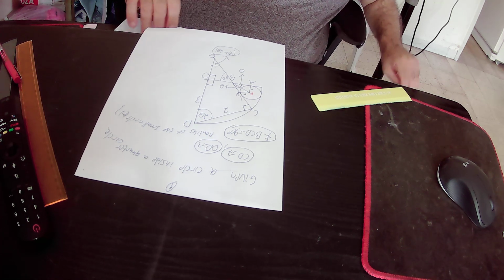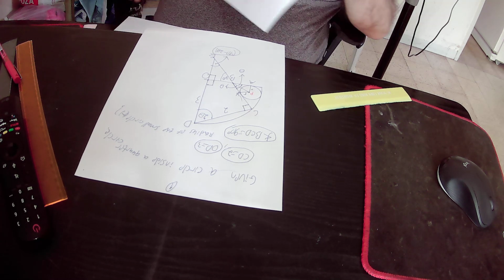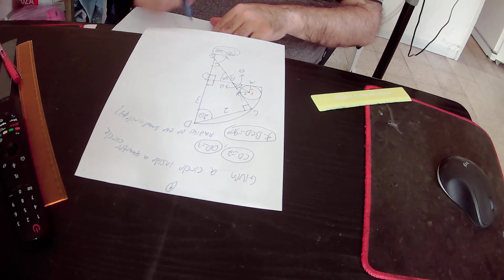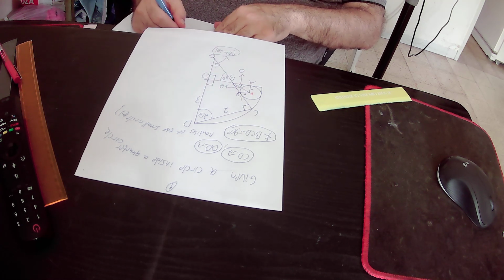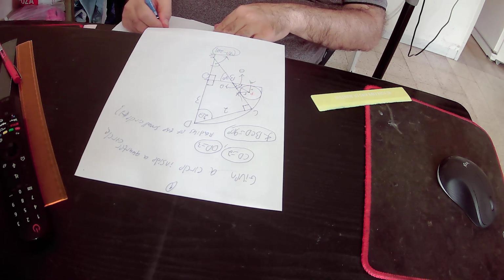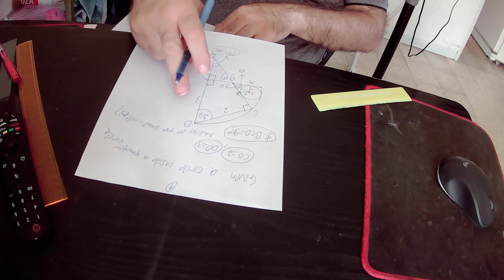Therefore, in triangle EDC, CD squared plus CE squared must be equal to DE squared.